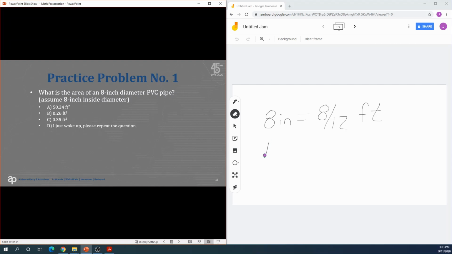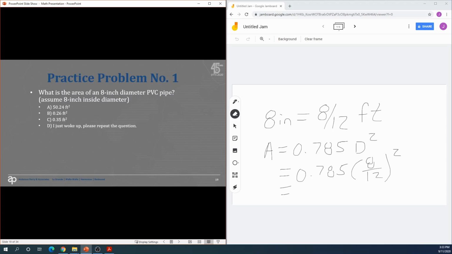Now let's figure out the area. The area of a pipe is going to be equal to 0.785 times our diameter squared. So this is the same thing as 0.785 times (8/12) squared. When we do this math, the first thing we have to do is the parentheses. So we do 8 divided by 12.